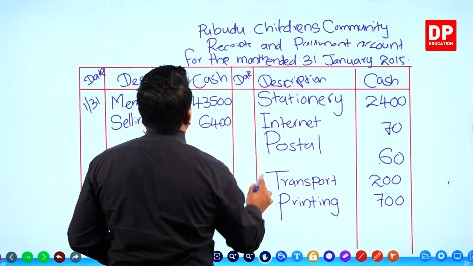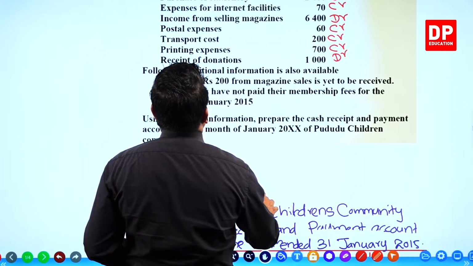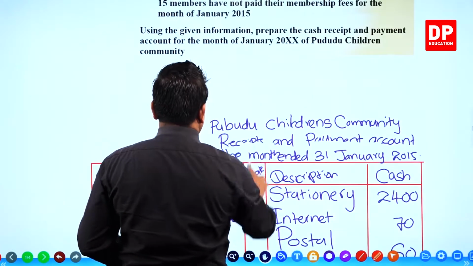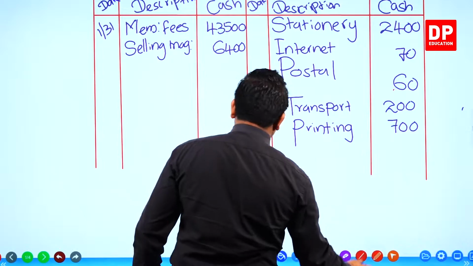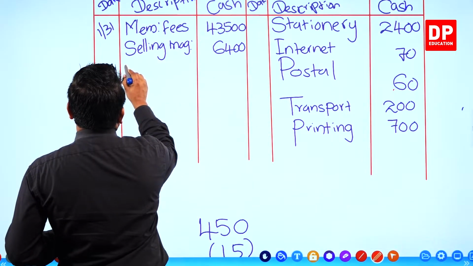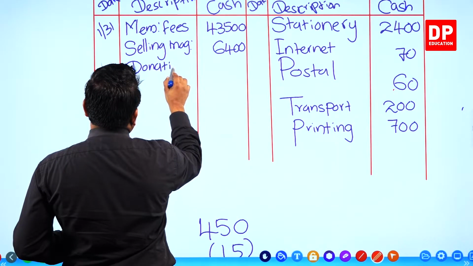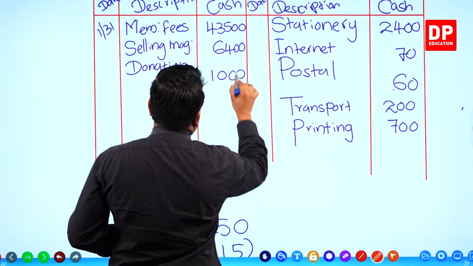Next, receipts of donation 1,000. Now finished. Now what do you want to do?